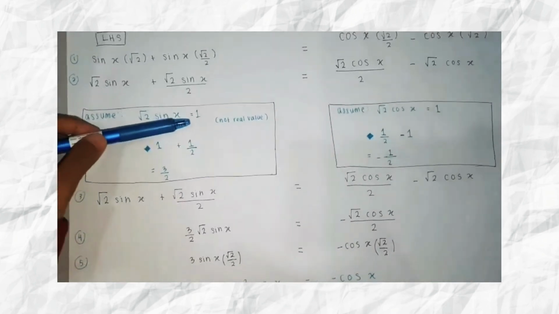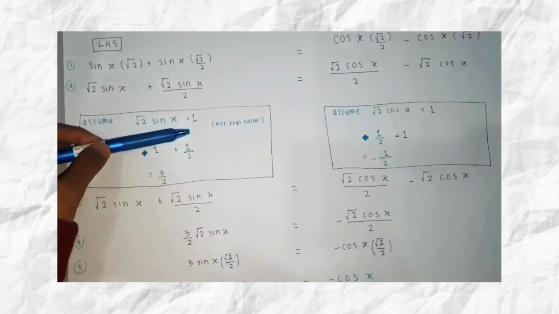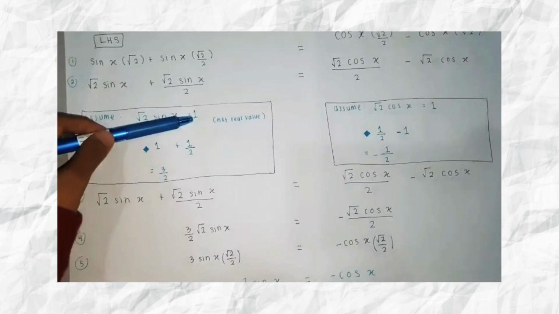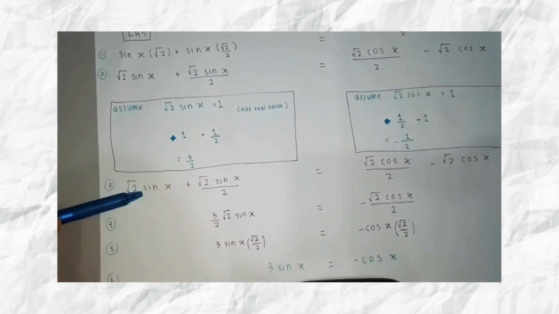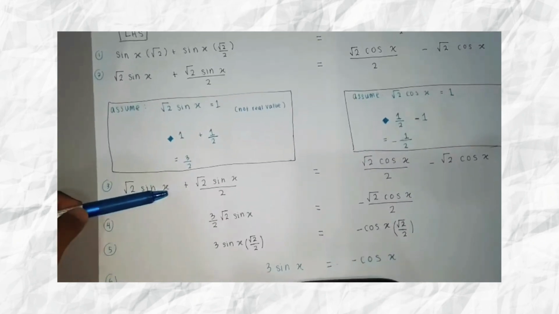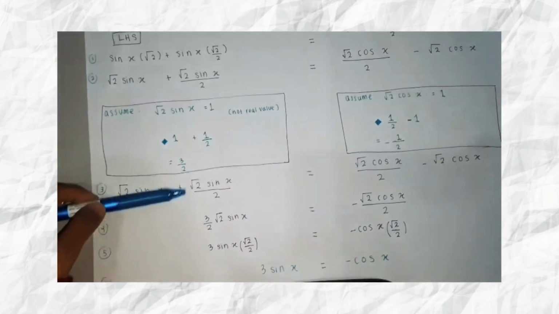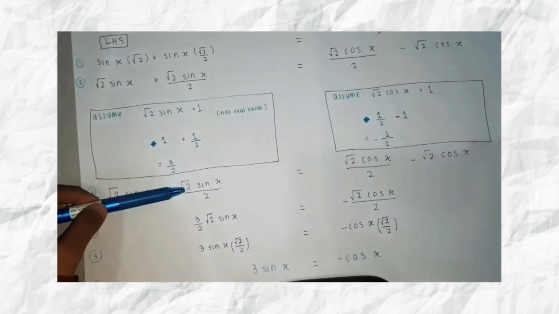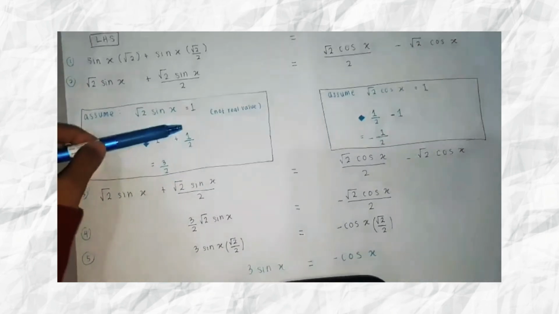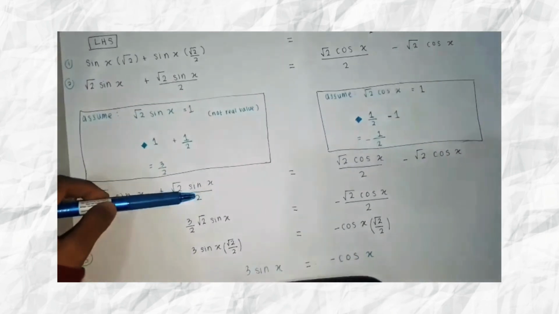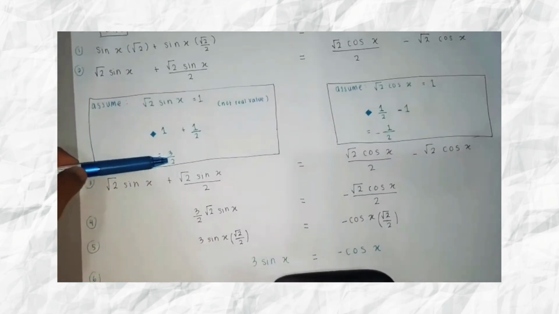Here I assume this square root 2 sin x as 1, as example 1 plus, so again we assume square root 2 sin x as 1, right? And over 2. So here we will get this answer, 3 over 2.